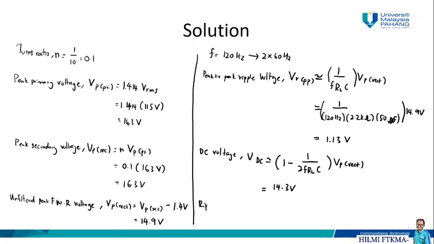So the ripple factor R is going to be VRPP over VDC, which is 1.13 over 14.3, which is 0.079. So if we write it as a percentage, the ripple is 7.9%.